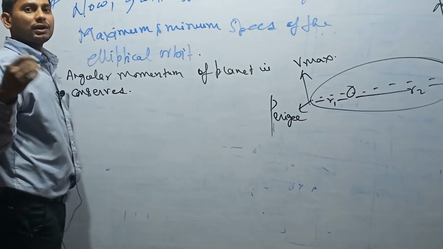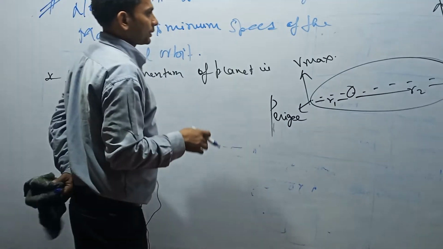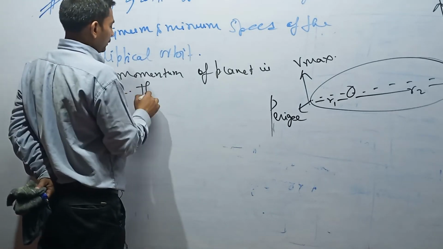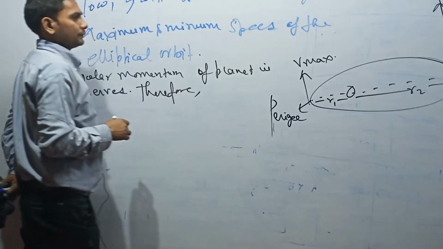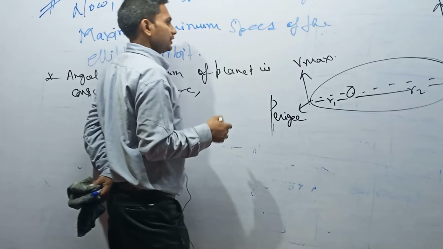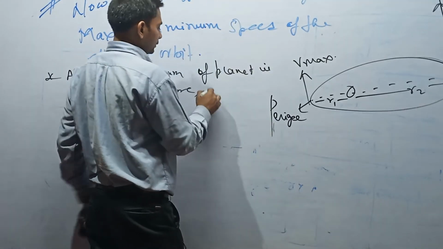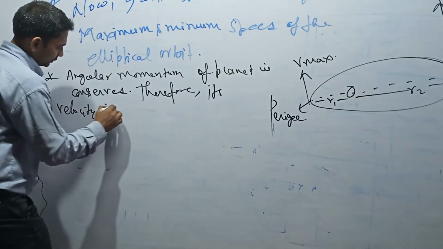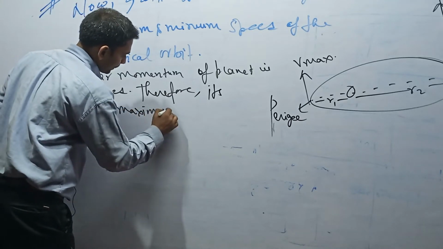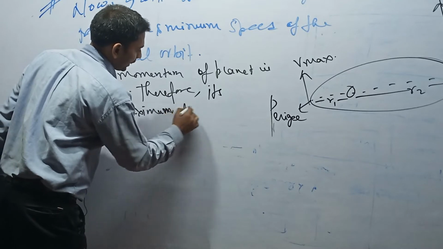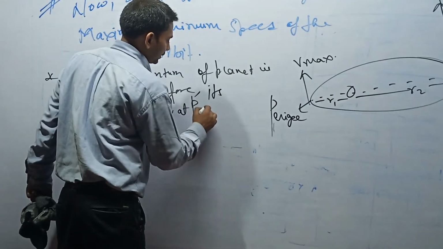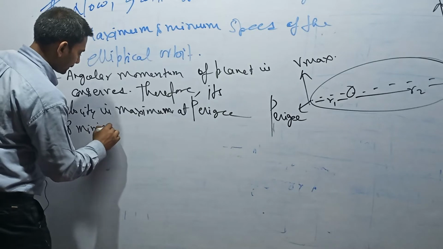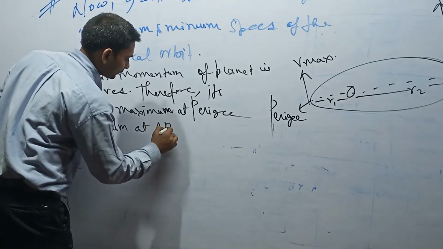If the angular momentum of the planet is conserved, therefore its velocity is maximum at perigee and minimum at apogee.